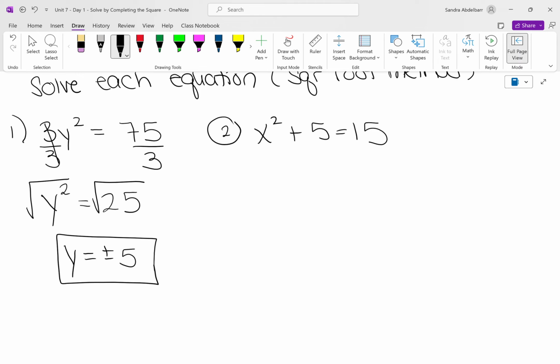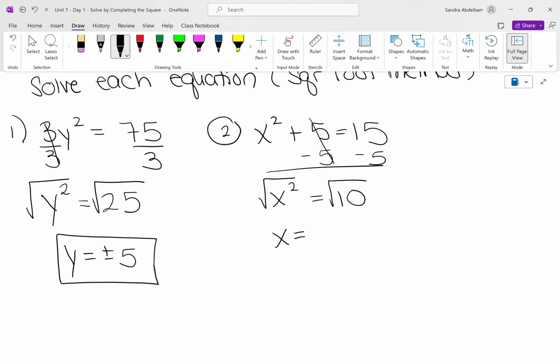Okay, once again, our goal, if possible, is to get whatever quantity is squared by itself. So this time we want to get the x squared by itself. How are we going to get the x squared by itself? Subtract the 5. And that's going to bring us down to x squared equals 10. To undo a square, we will take the square root.